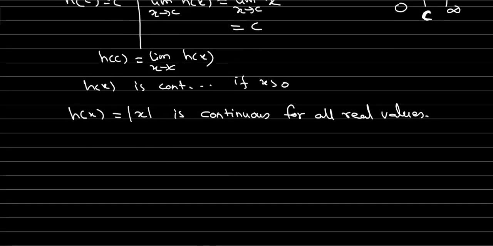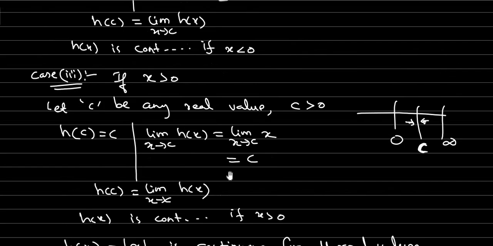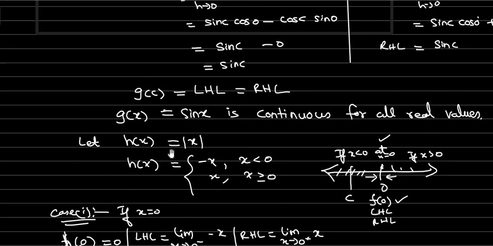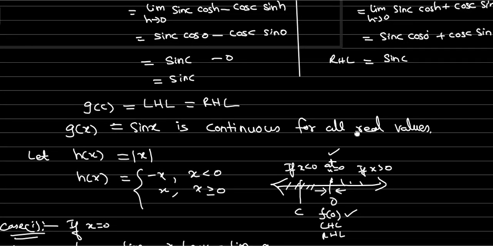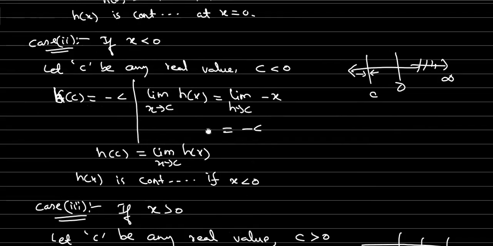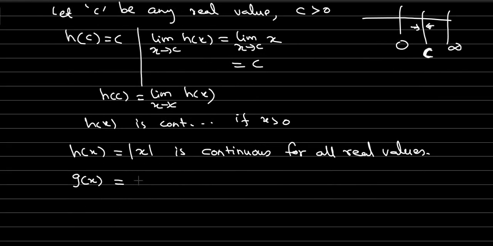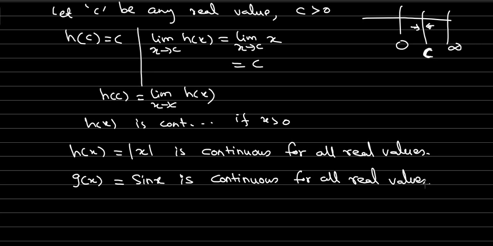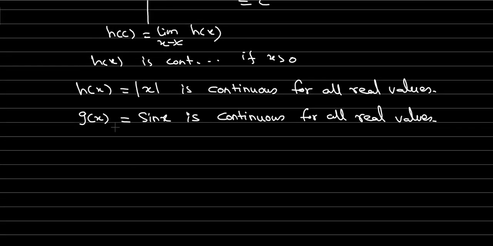Now what are the above results? We found that h of x is continuous for all real values, and before that, g of x, what is the g of x that we considered here? G of x equal to sin x is also continuous for all real values. So when two functions are continuous, the composite function is also continuous.